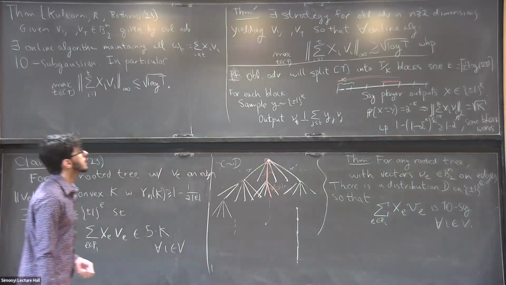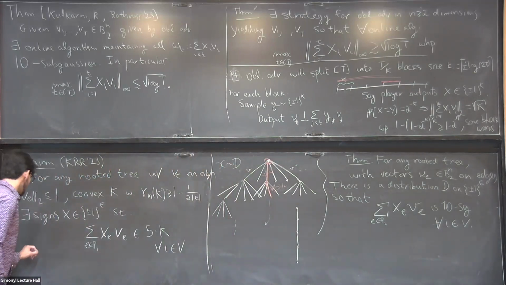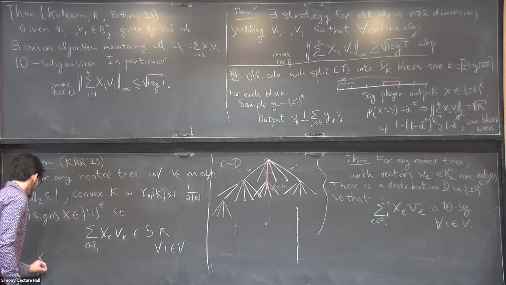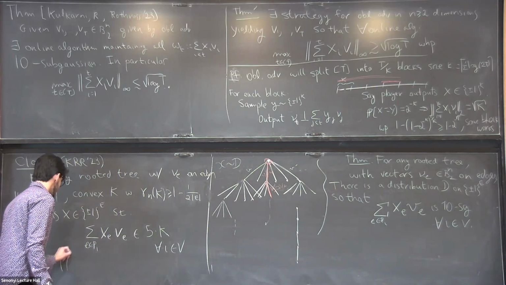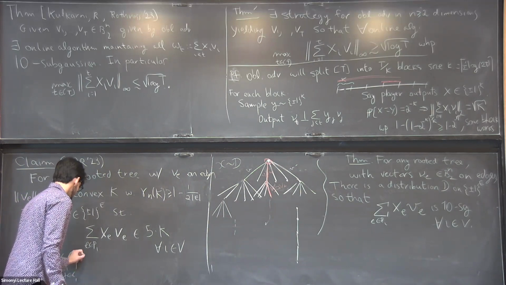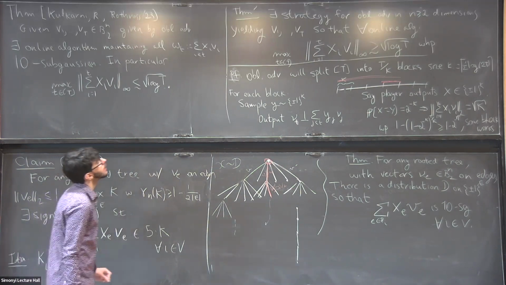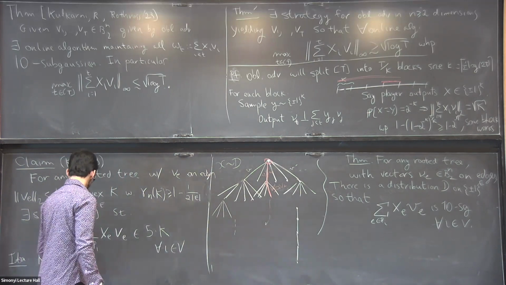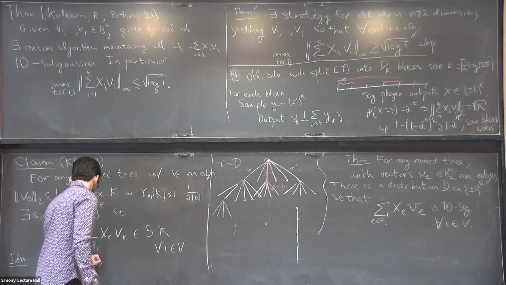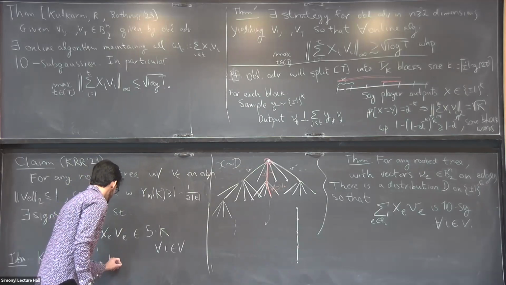Instead of defining the convex bodies like that, you define the convex bodies as you intersect over all children. So if you have some I, you intersect over all the children of I. You take the convex body at J, and you take this with whatever vector is on the edge.